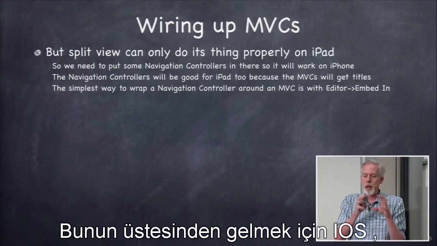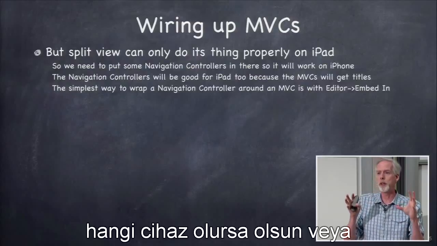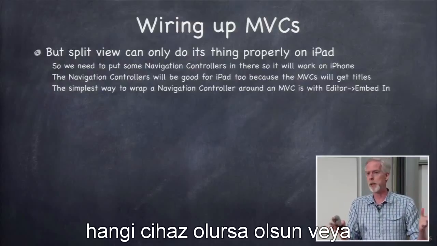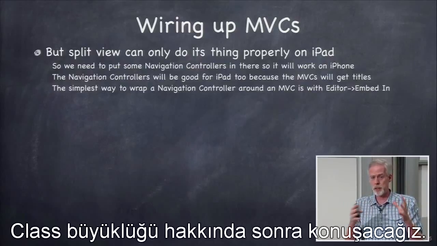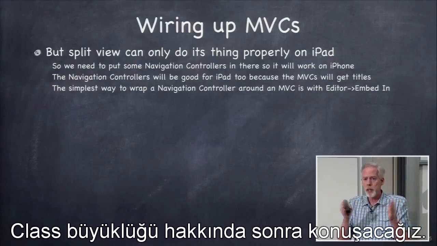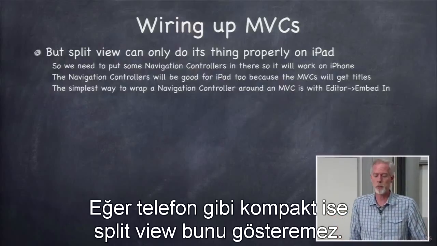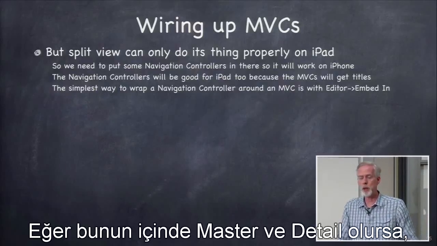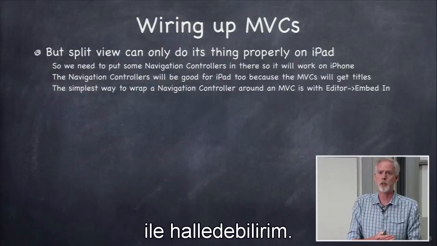So the way we handle this is that iOS adapts its user interface to whatever device it happens to be on, depending on how its size class is. We'll talk about size classes later. But if it's kind of compact, like a phone, then it can't show it in a split view. So how can I show it then? If I have a master and a detail and I want to show it on an iPhone, the way I show it is with a navigation controller.